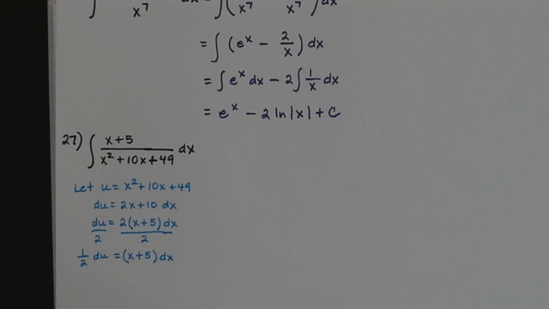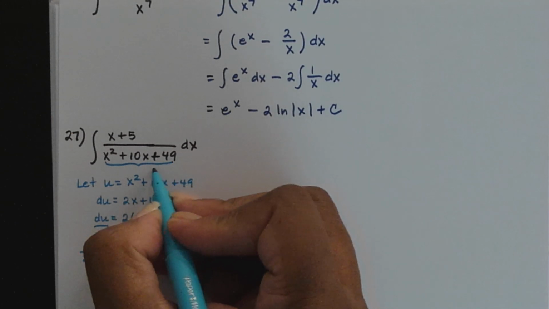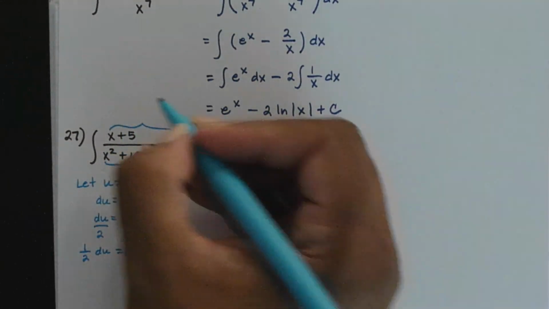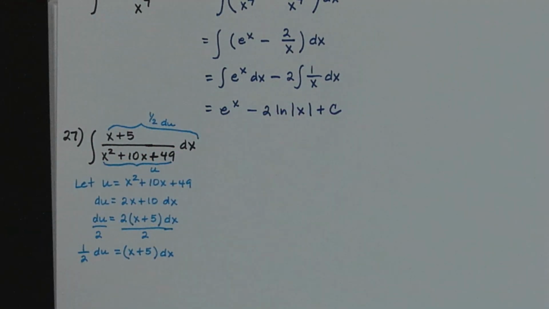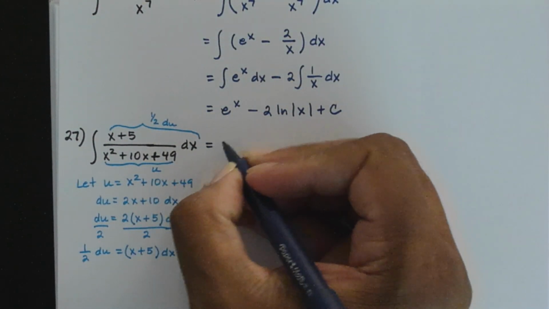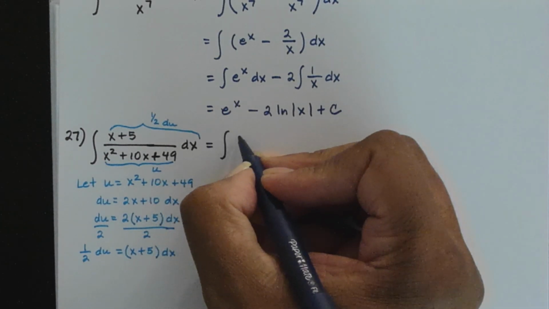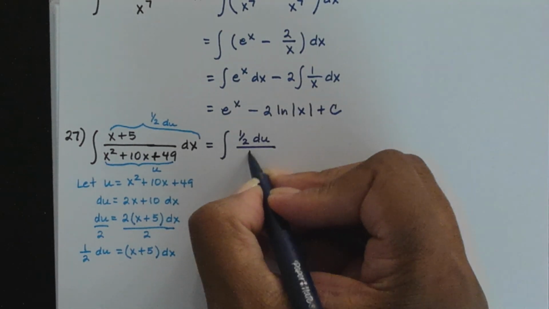So now we can do the substitution here. This denominator, x squared plus 10x plus 49, that would be u. This x plus 5 dx, that's going to be 1/2 du. So now we're going to have the integral of, the numerator will be 1/2 du divided by u.